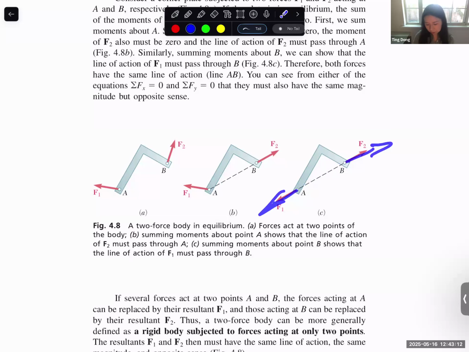It's tensile in this direction, or compressive in this direction. So this is a two force member. Be very clear about the two force member, because for a two force member, the force is one single unknown.